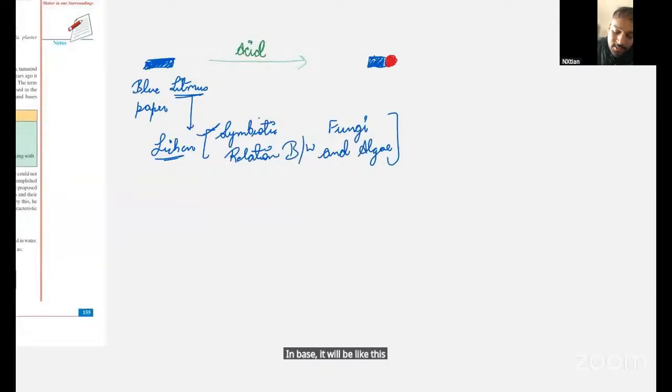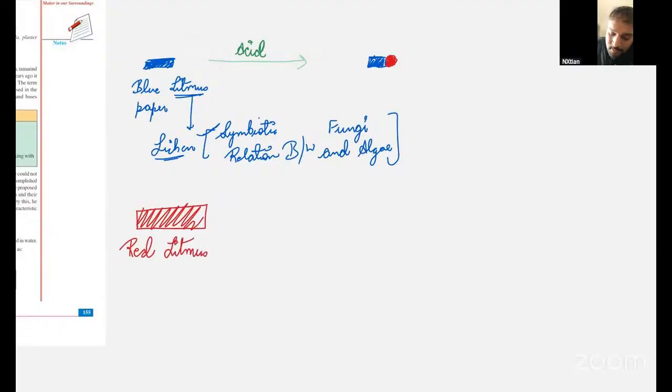If I take red litmus paper and use base, it will convert it into blue litmus paper.